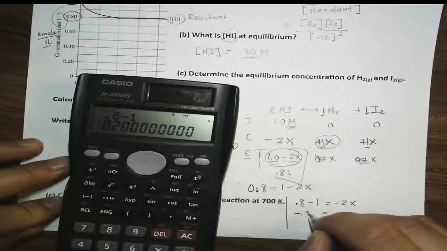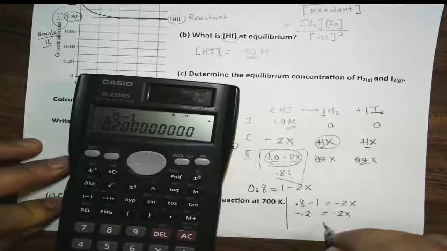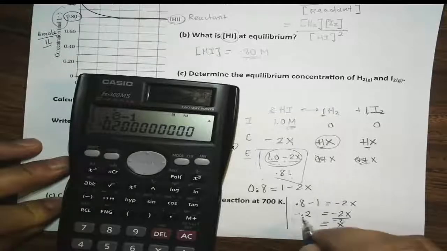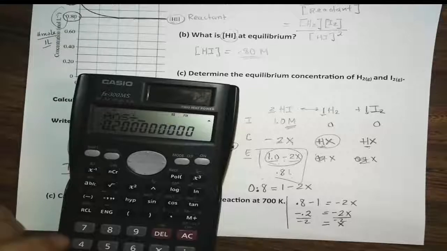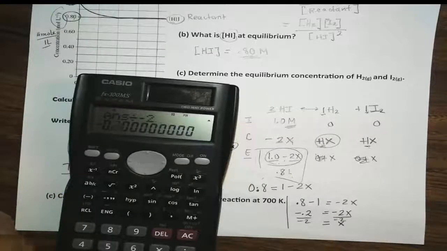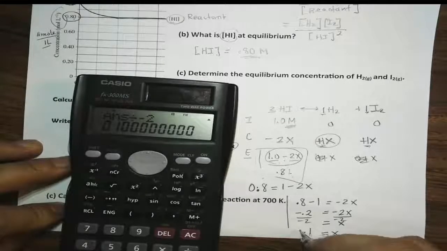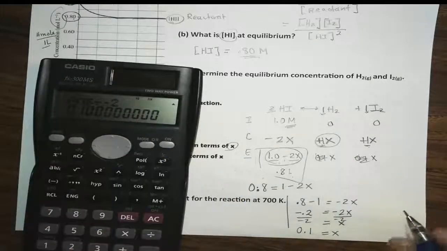Negative 0.2. There you go. Equal to negative 2x. And what is x equal to? Of course, you divide both sides by negative 2, the negatives cancel, and that gives us x equal to 0.1. So that's x. So now we know what x is going to be.